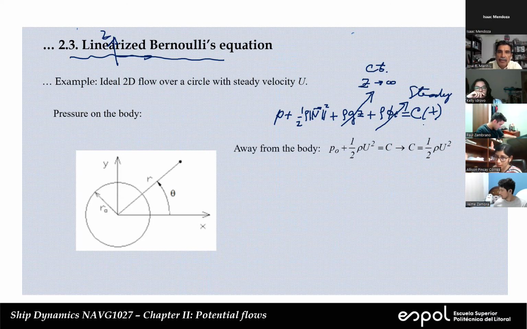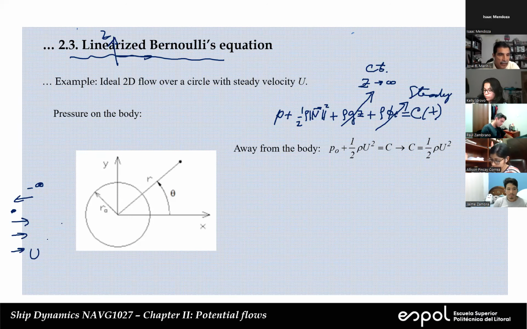So what we can do is choose a position away, at minus infinity. Here, the only velocity that we have is u. And of course, we have a pressure, which we call P sub 0 because we are far from the body, so we don't see any influence from the body.